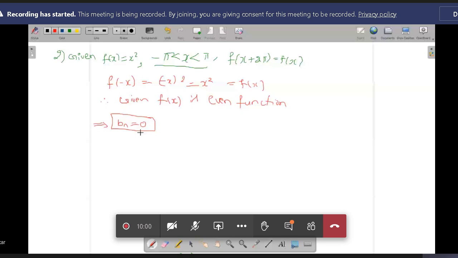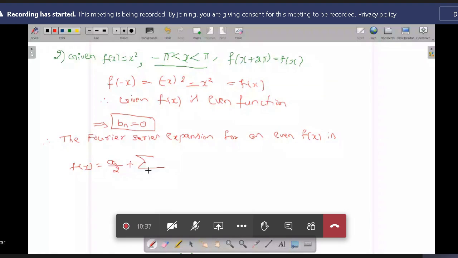Therefore the Fourier series expansion for an even function is f of x equals a naught by 2 plus summation n from 1 to infinity an cos 2n pi x divided by T, called equation 1.